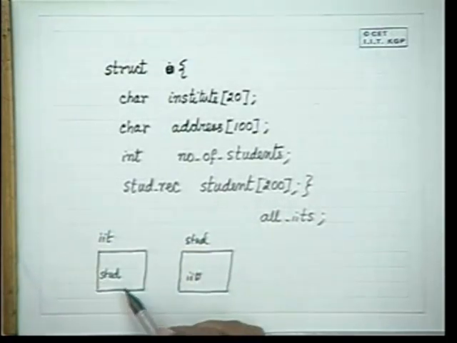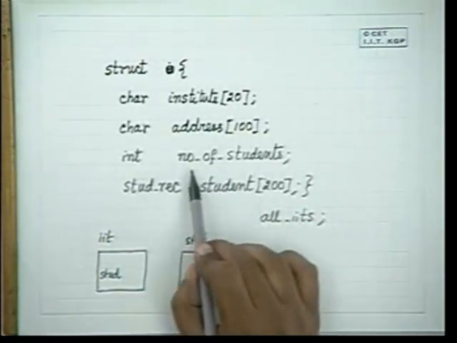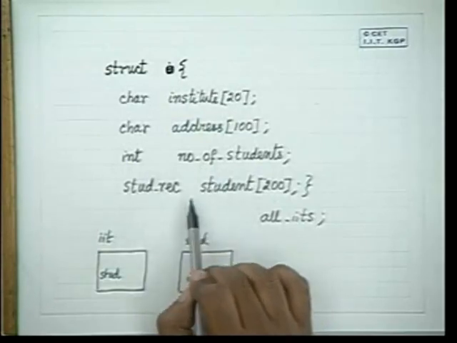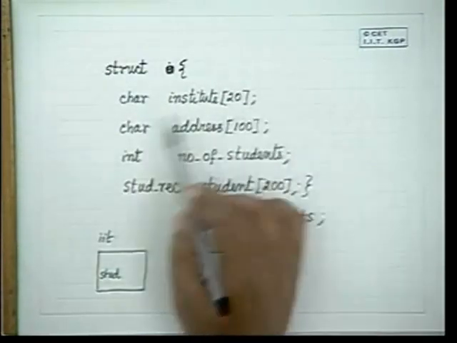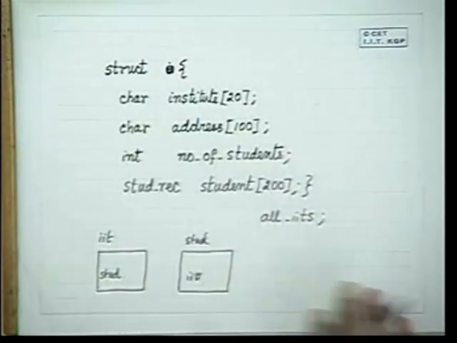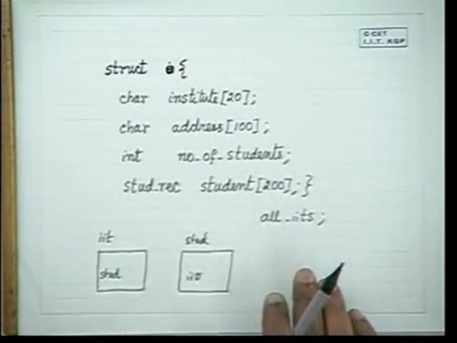That is a problem. You cannot have this because allocation will become impossible. IIT will be put inside this structure, so the whole thing will become self-referencing, and you will not know where to end the whole definition.